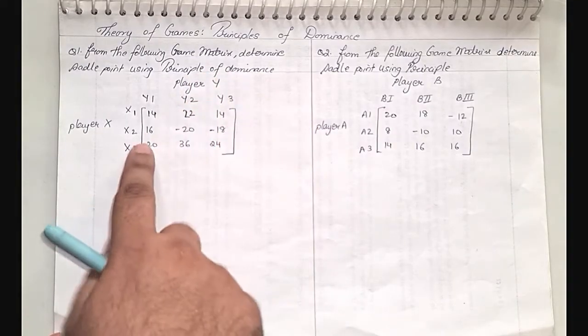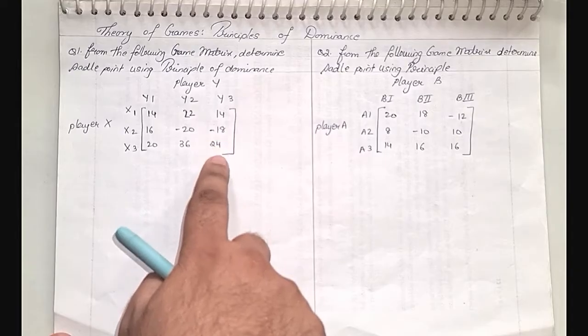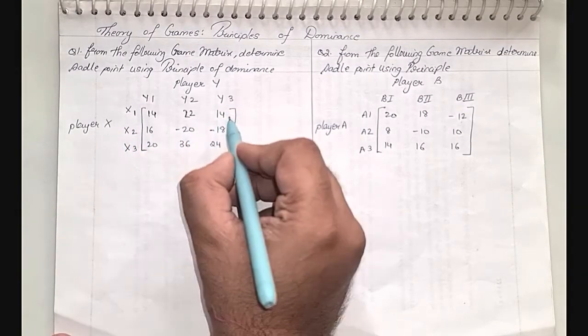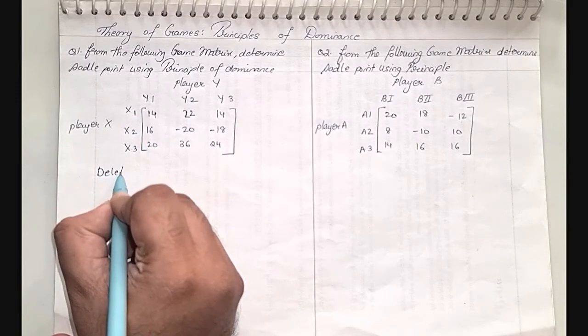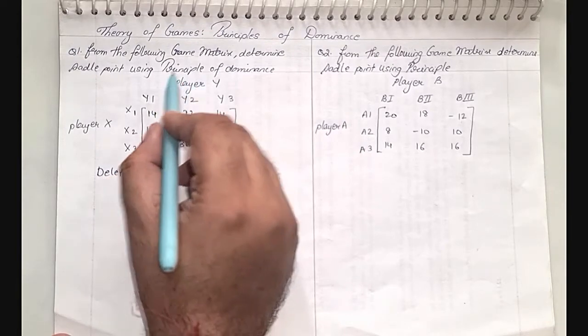Similarly, 16 is smaller than 20, minus 20 is smaller than 36, and negative 18 is smaller than 24. So I can delete rows X1 and X2, as per the rules based on principle of dominance.